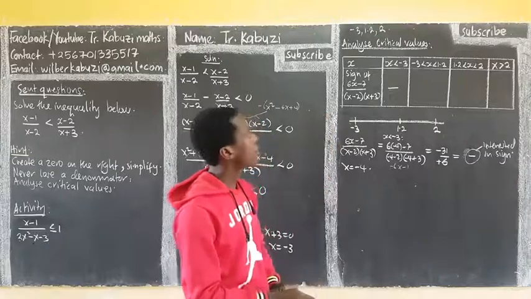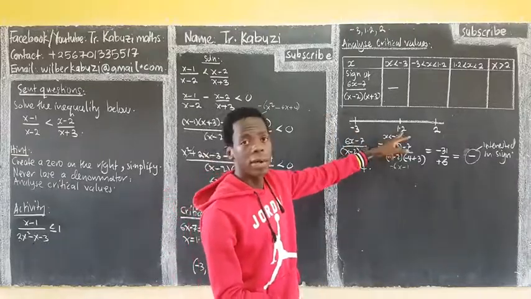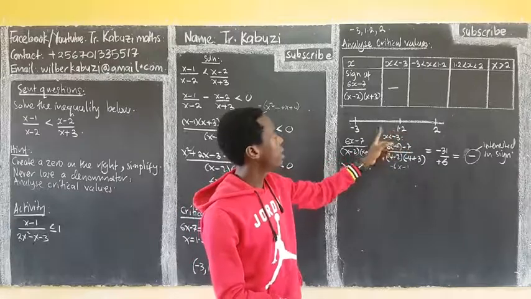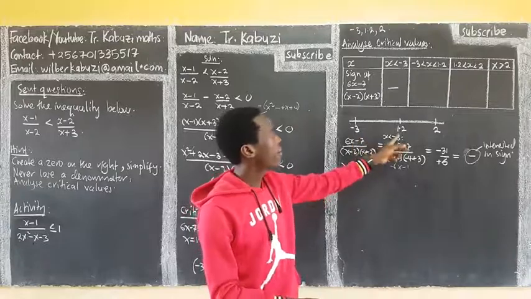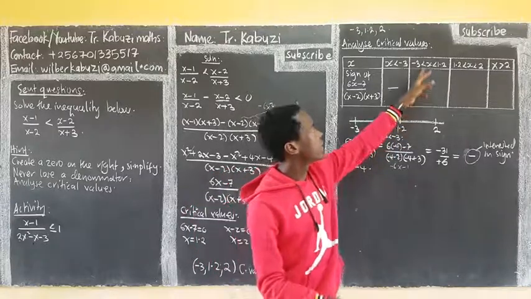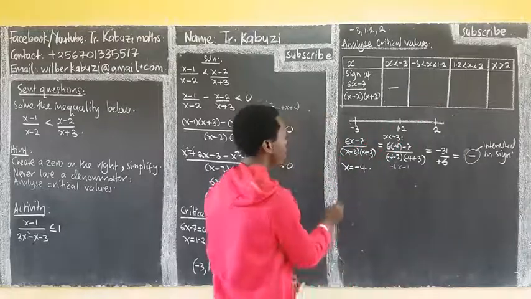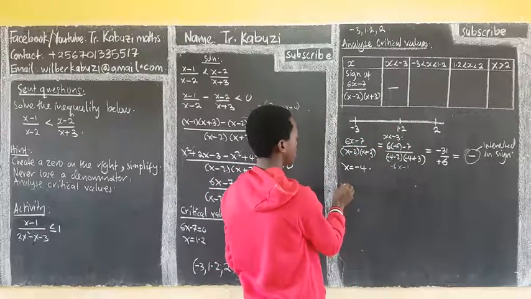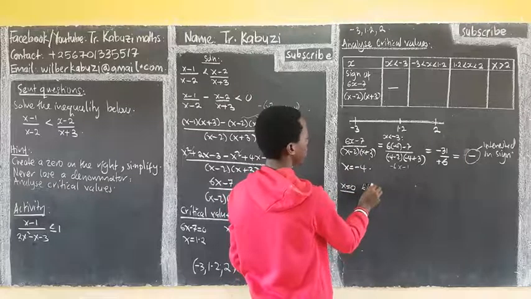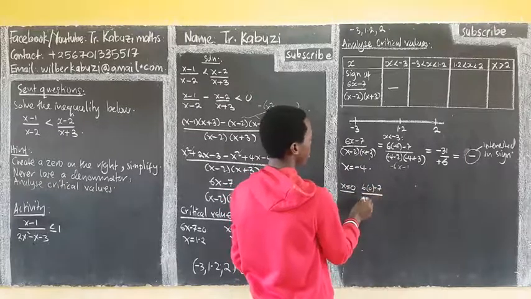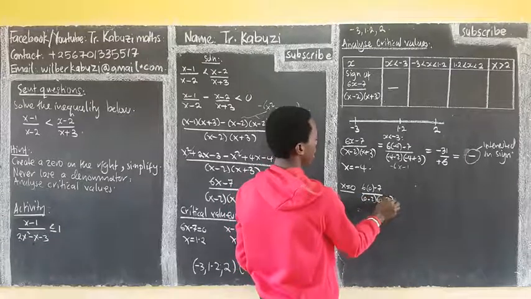Then for the next region, we use a value between negative 3 and 1.2. Between here, you use the simplest. Between negative 3 and 1.2 there is 0. Zero is the easiest value to use. So when x is equal to 0, I'll have 6 times 0 minus 7 over (0 minus 2) times (0 plus 3).